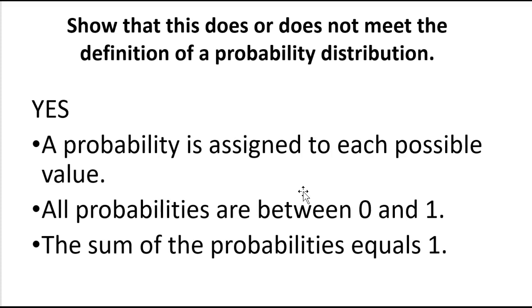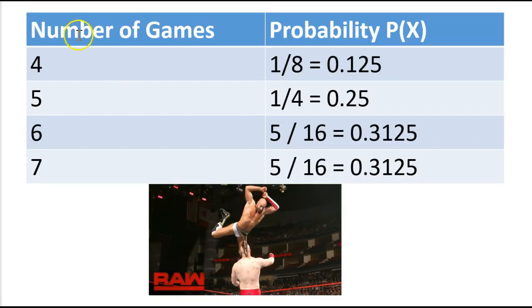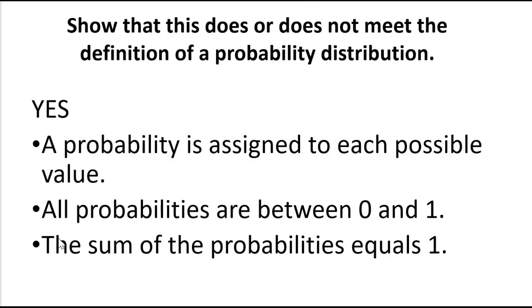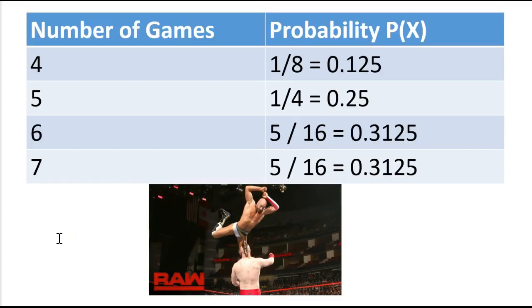So notice that our definition has 3 different properties that we need to satisfy. First, a probability is assigned to each possible value. Here are the number of games that can be played in a series of 7. These are all of the possible values, and notice each possible value has a probability assigned to it. Next, all of the probabilities are between 0 and 1.